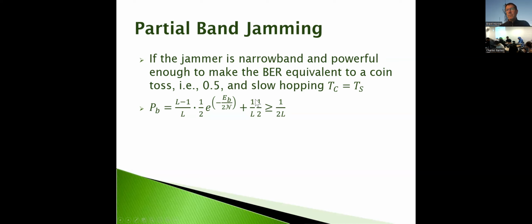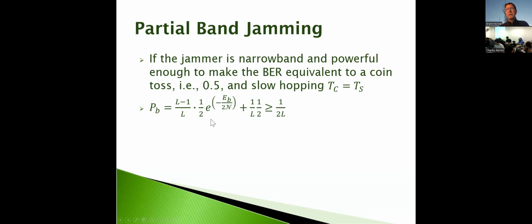But that's only going to happen 1/L of the time. All the other times, we're basically going to get the bit error rate that we would with a binary FSK system. We'll assume it's binary here. And so that's 1/2 e to the minus energy per bit divided by 2 times the noise power spectral density, but that occurs (L minus 1)/L of the time.